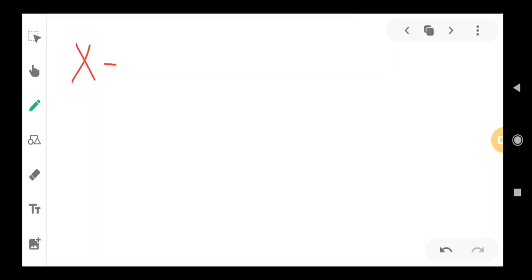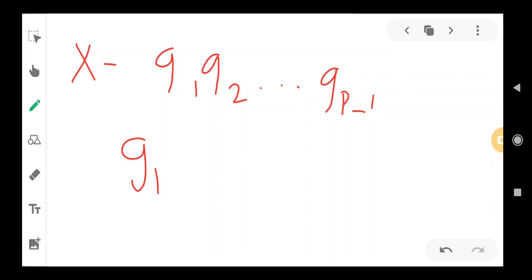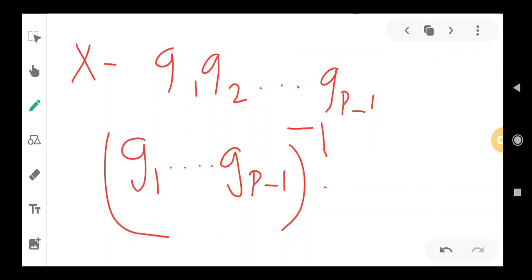So we are taking G1, G2, etc., Gp minus 1 and choosing them randomly, but we choose Gp in such a way that the product G1 ... Gp minus 1, whole inverse, gives Gp. Then only we get G1, G2, etc., Gp equal to the identity.